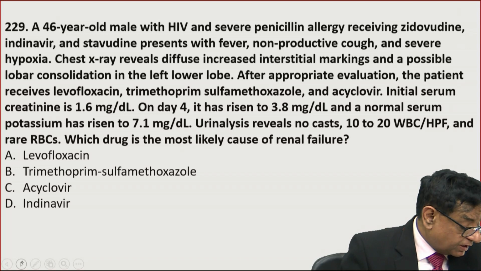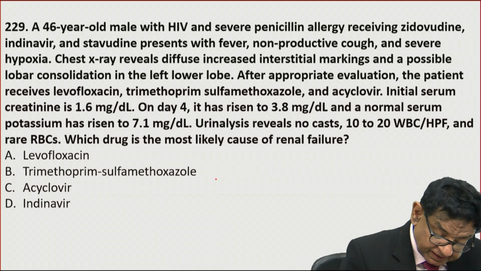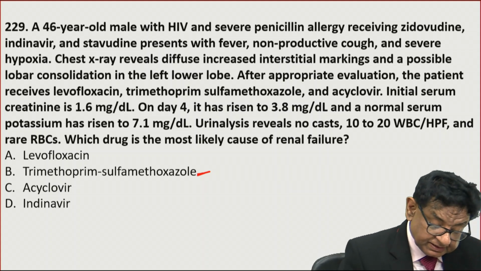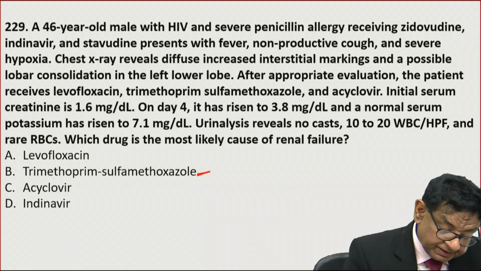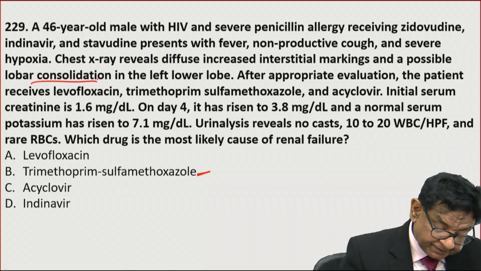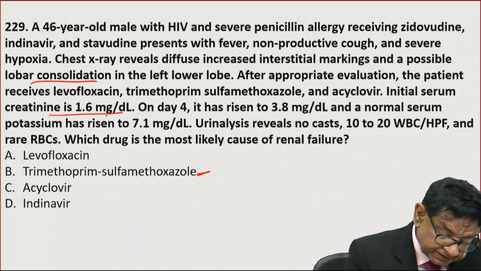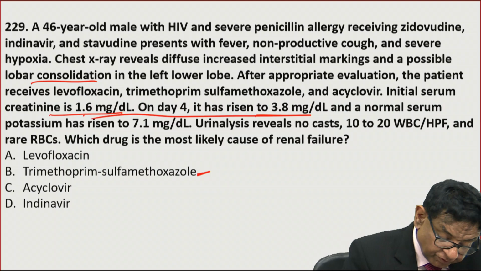229. The answer to this question is trimethoprim. Okay, why this answer? If you look into this, there is consolidation, and creatinine is 1.6 now, and 3.8 on day 4.